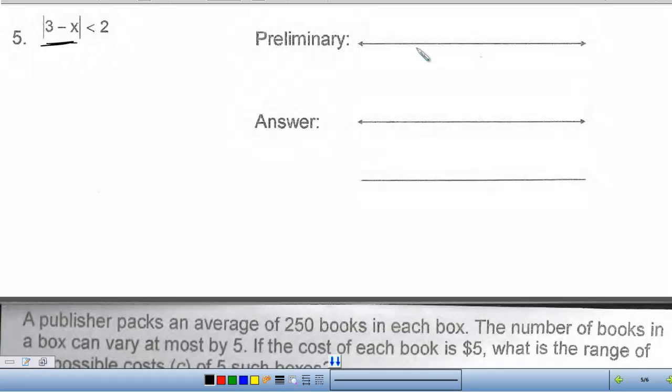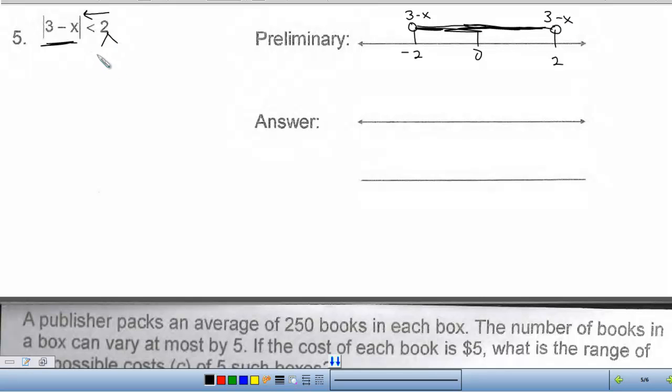The preliminary graph would have us going from negative 2 to 2, and since this is going towards the absolute value, this is going towards 0. So 3 minus x would be going towards 0, so this is the in-between.